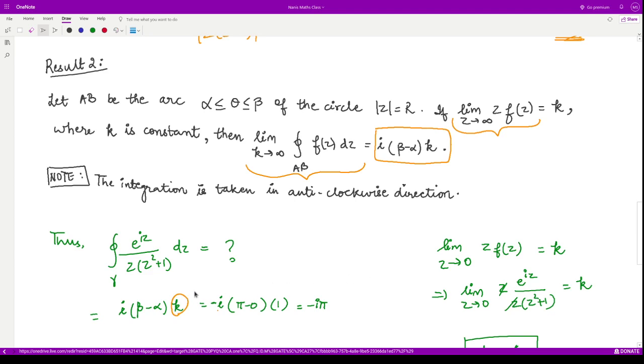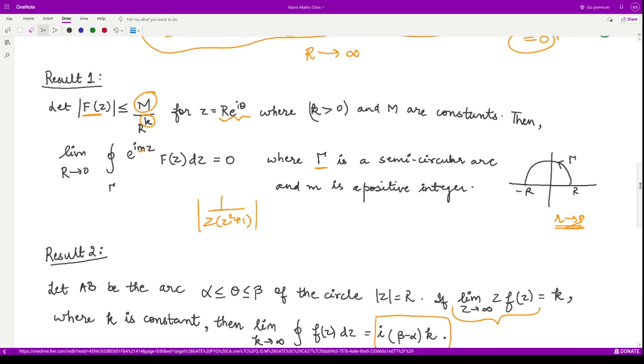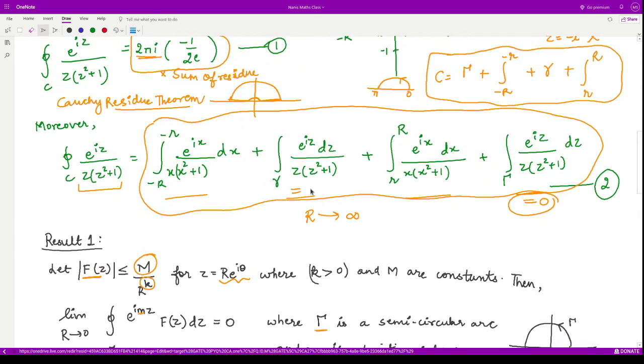For evaluating k, we have to evaluate the limit as z goes to 0 of z into f(z), which is equal to k. Just substitute f(z) over here, so you will get k as 1. Substituting this k, you will have the value of this integral as minus iota pi. So in effect, this integral becomes minus iota pi.